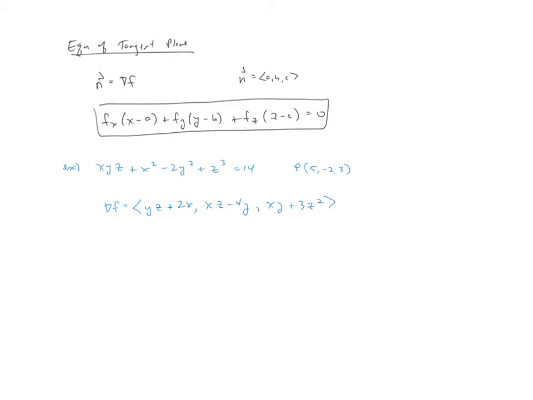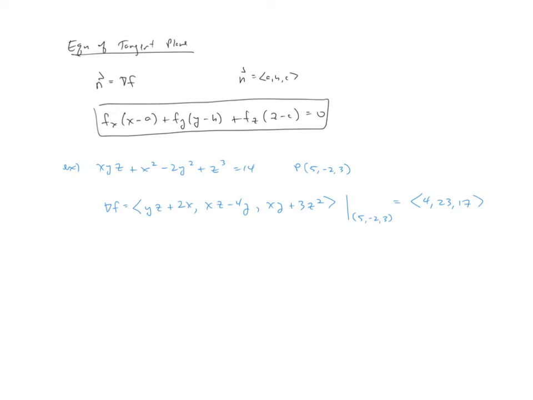If we take this now and we evaluate this at 5, negative 2, 3, it's going to give us the vector with components 4, 23, 17. So this would be your f sub x right there, your f sub y evaluated there, and the 17 would be the f sub z.